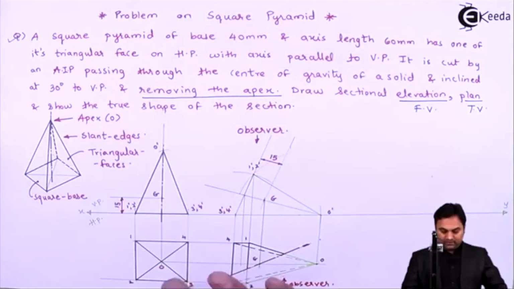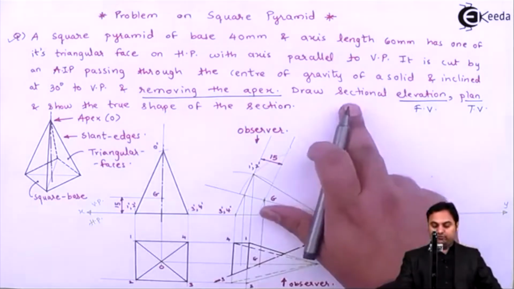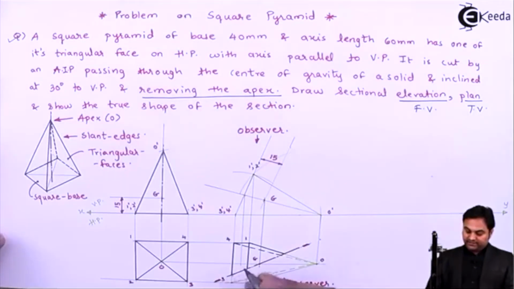Next, after completing up till here, I have to draw the sectional front view, because we have to draw the sectional elevation, and for that I'll give the notations. Now where this cutting plane is cutting, it is cutting edge 3 and 4 at this location.